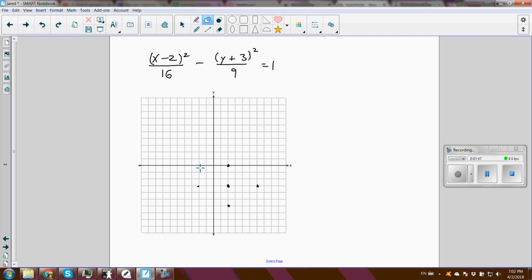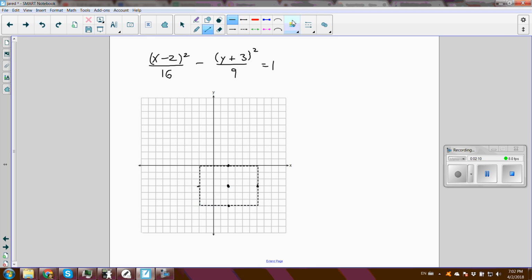Let me try this again. Those same 4 points are the same. These are the vertices again, and these are the co-vertices. The diagonals of this rectangle are going to be the asymptotes.